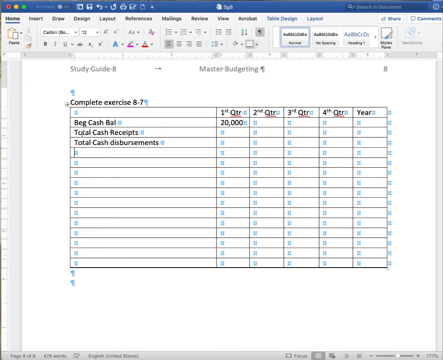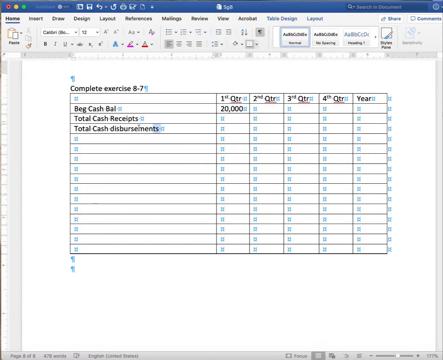Okay. We then end up with the total cash available, right? Beginning plus cash receipts is my total cash available. Then I subtract my less disbursements.